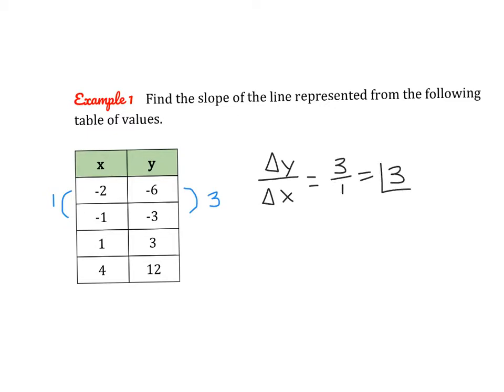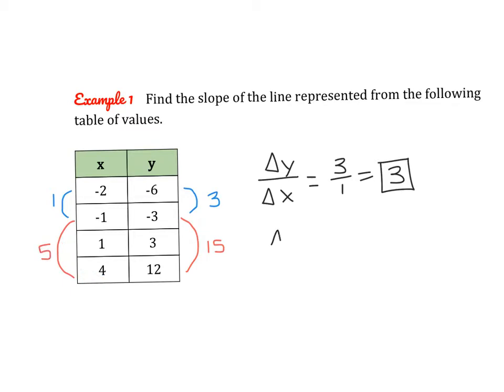which gives us a slope of 3. Now this would work for if we found the change in y and change in x between any 2 of the points in our table. So let's try it again, and let's use the change from this row to this row. So to go from -3 to 12, we have to add 15. So our change is +15. And to go from -1 to 4, that change is +5.